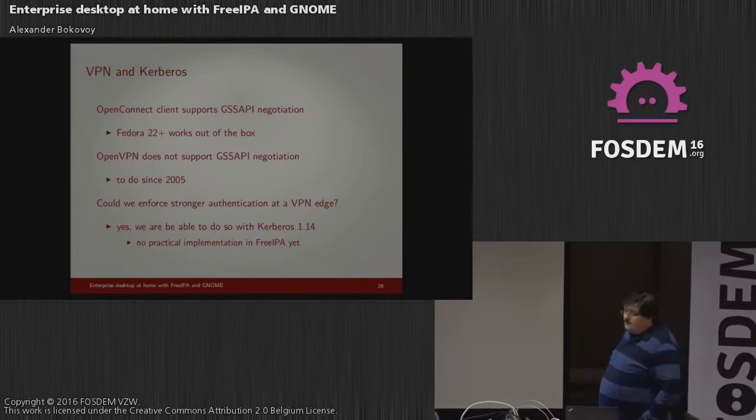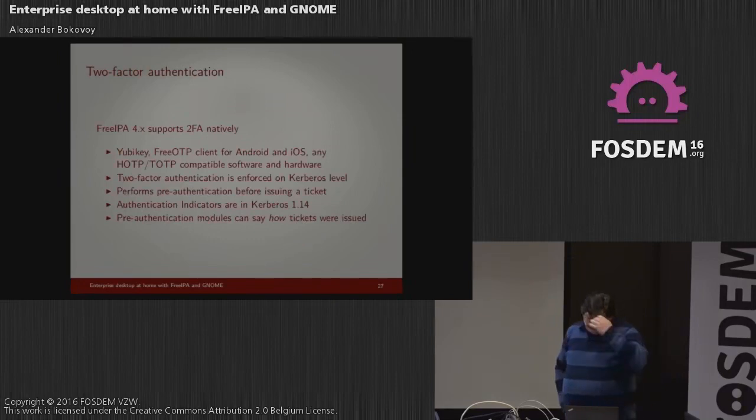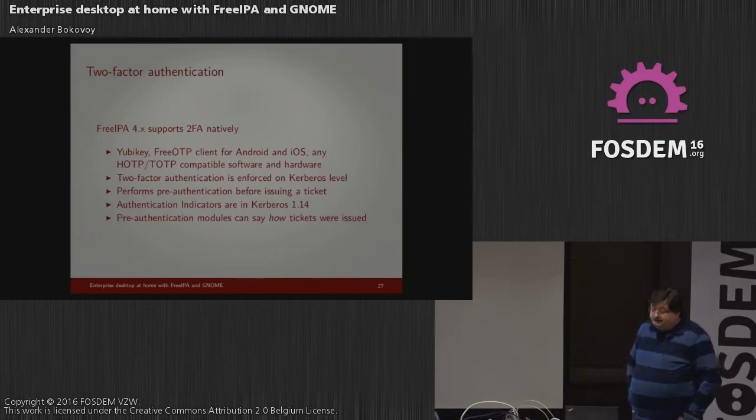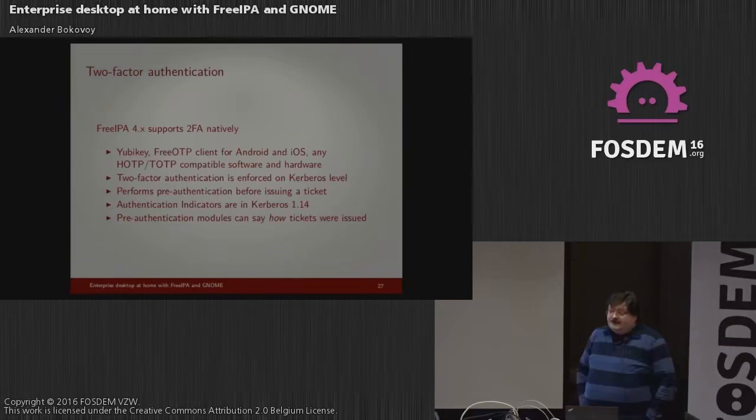So in Kerberos 1.14, we have a basic implementation of so-called authentication indicators, where a plugin within the Kerberos server can say that this ticket was obtained using a token in addition to the password.